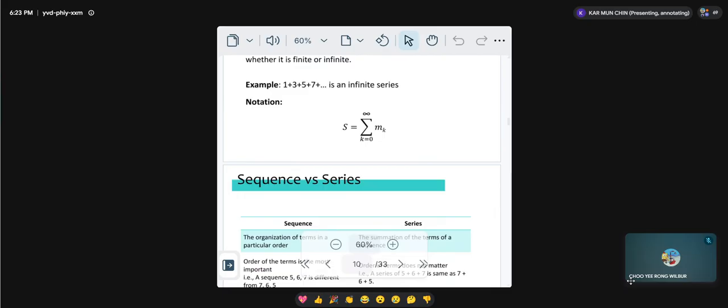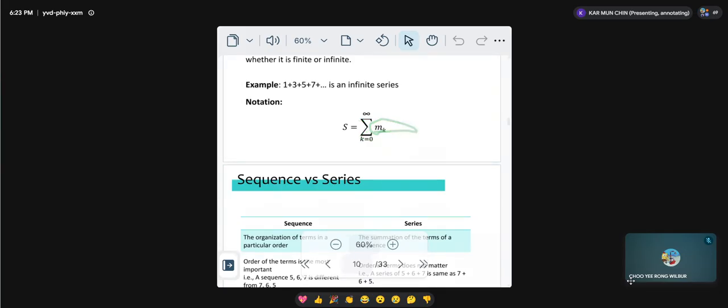So this is the written notation, which you can jot down. This S is the sum of the mk. This symbol is sigma, and sigma means adding up everything.